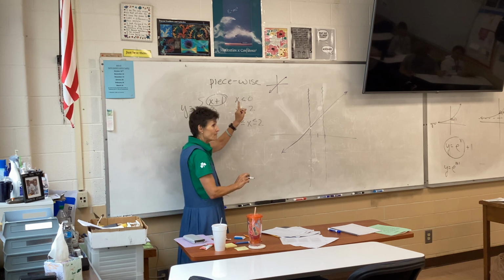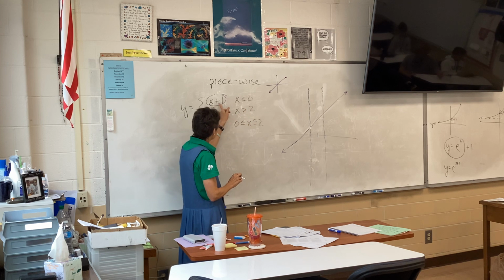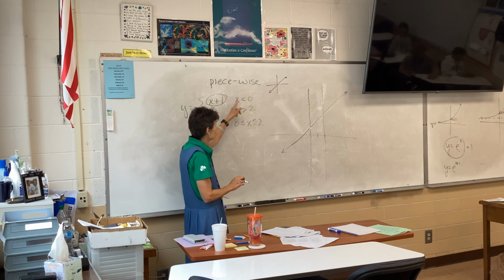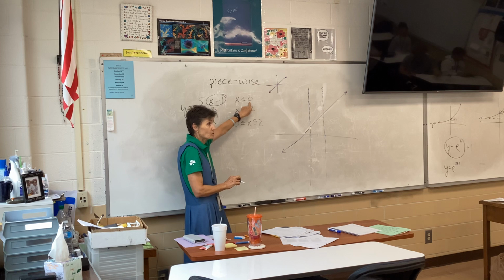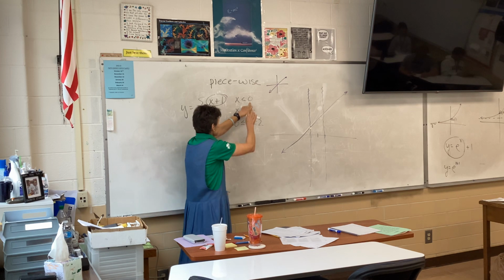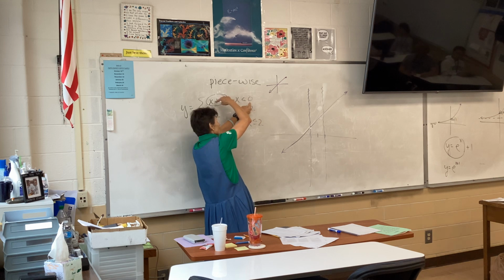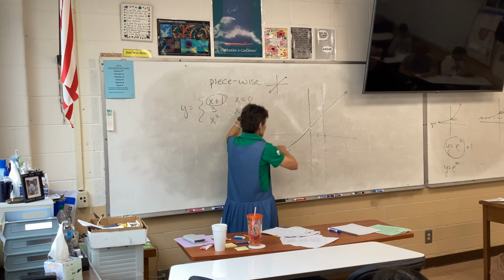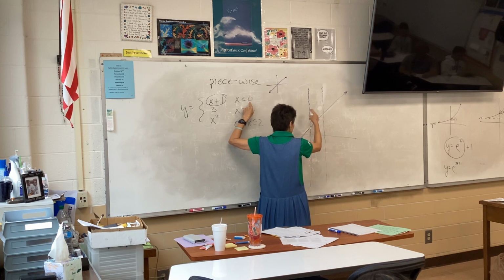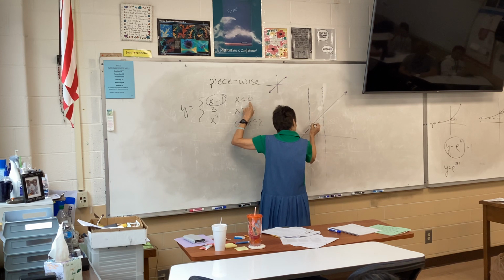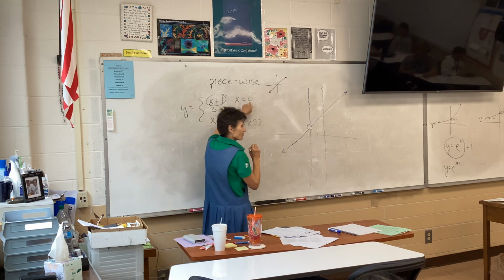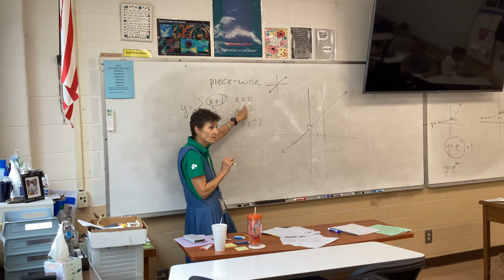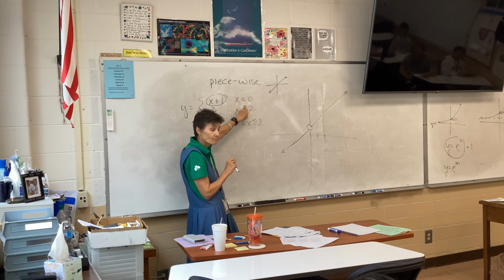Now, be careful with this purple equation. This is the only squiggle I care about, because this is the only squiggle that's associated with that. So that's 0. Does my purple line hit the 0 squiggle? Right there. Will that be an open dot or a closed dot? Open.